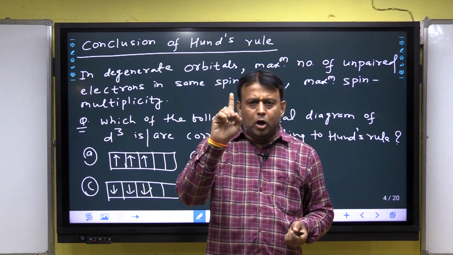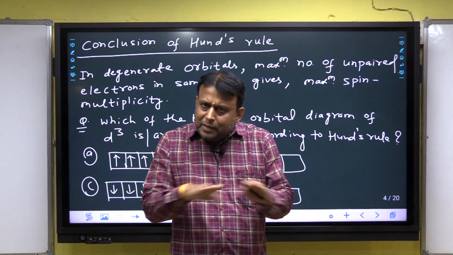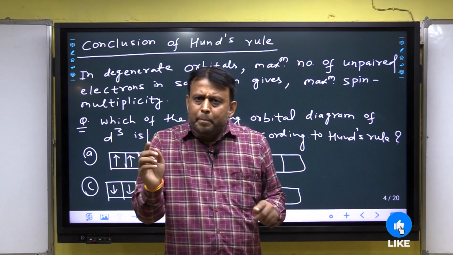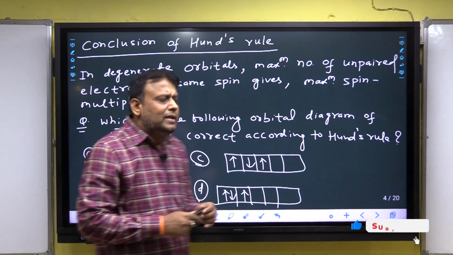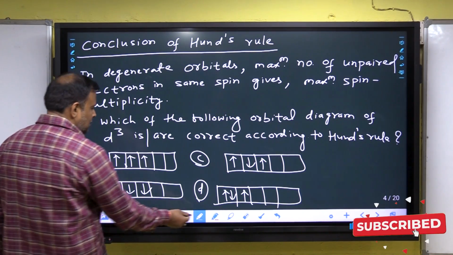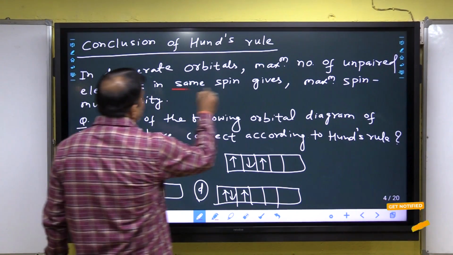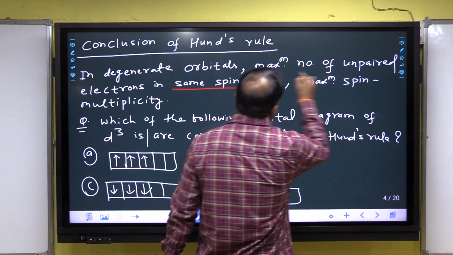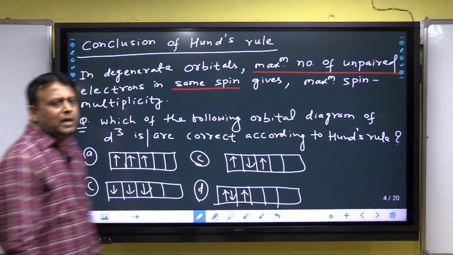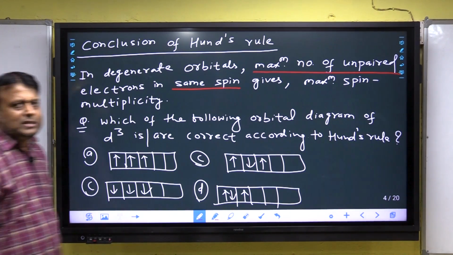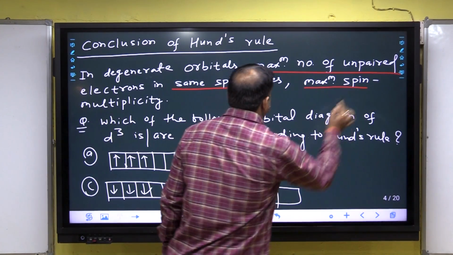In degenerate orbitals, maximum unpaired, but not only maximum unpaired, in the same spin. Look at the board. Maximum number of unpaired in the same spin gives maximum spin multiplicity.